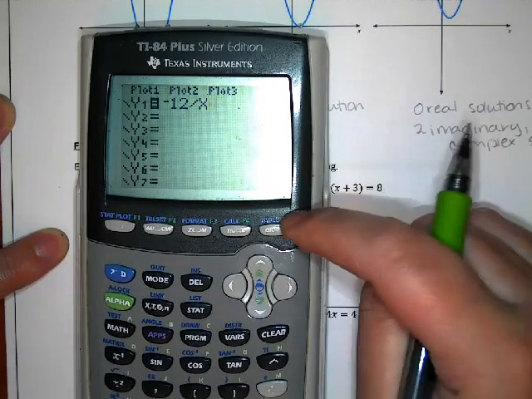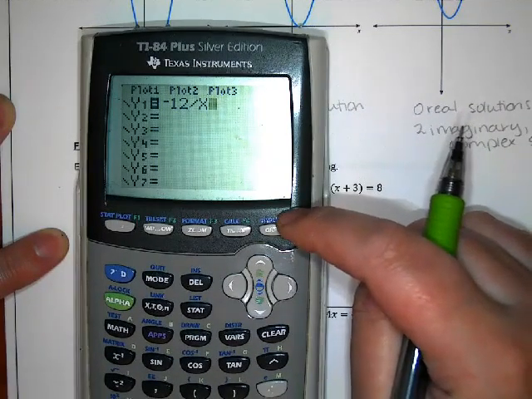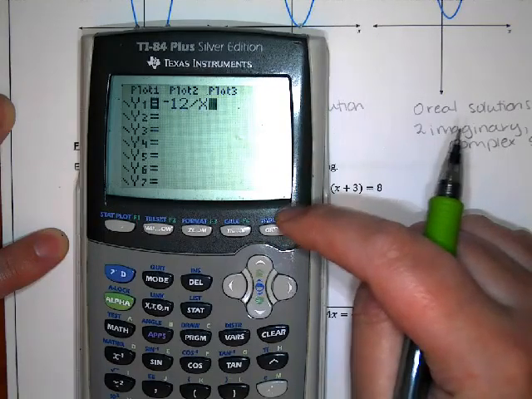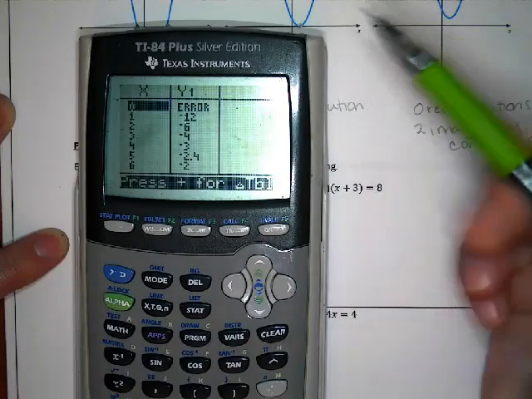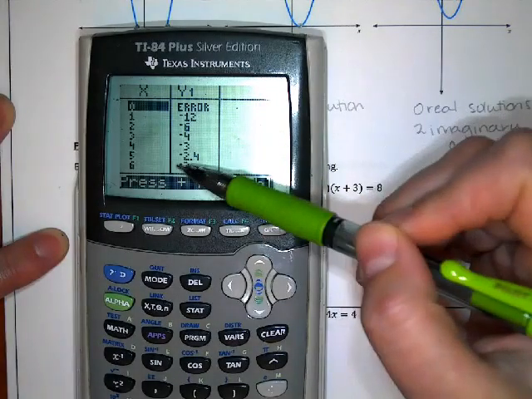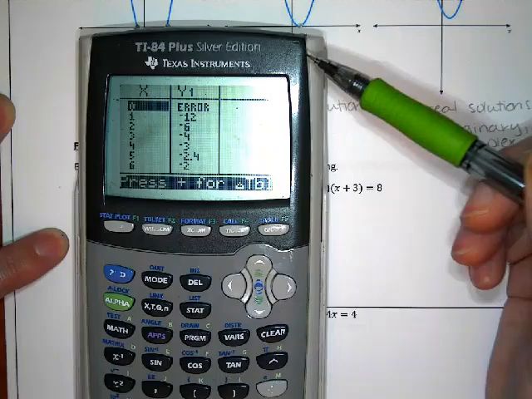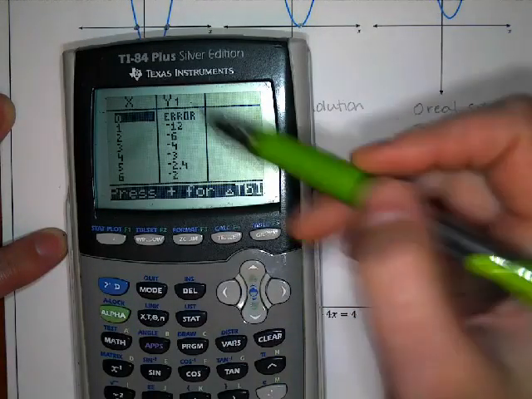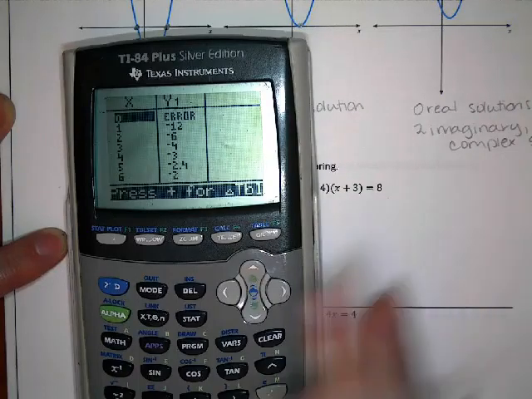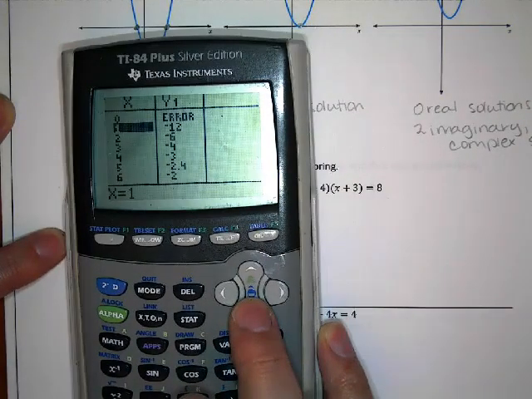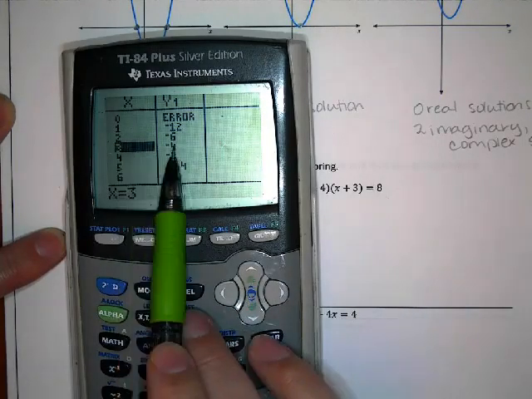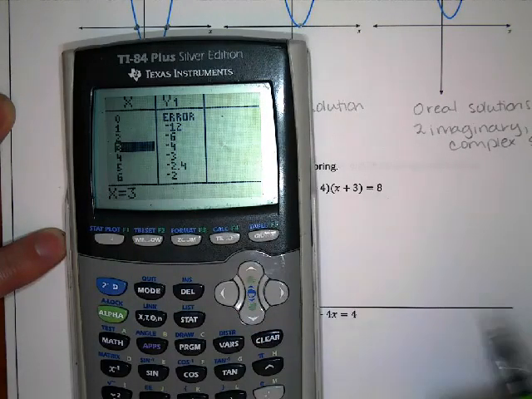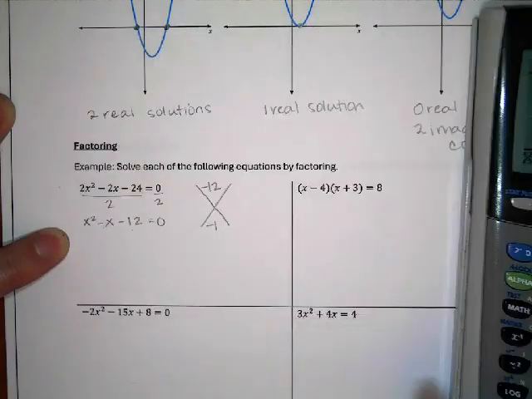Then up here above the graph key, it's in blue, it says table, so I'm going to hit the blue button to look at the table, and the table has all the pairs of numbers that multiply to negative 12. I'm going to look for the pair that multiplies to negative 12, yes, all of them do, but adds to negative 1. The first one adds to negative 11, adds to negative 4, and then this one adds to negative 1. That's the combination of numbers we're going to use, 3 and negative 4.